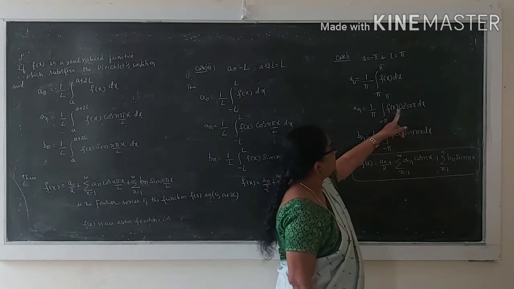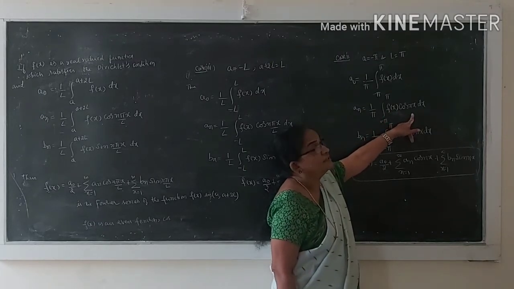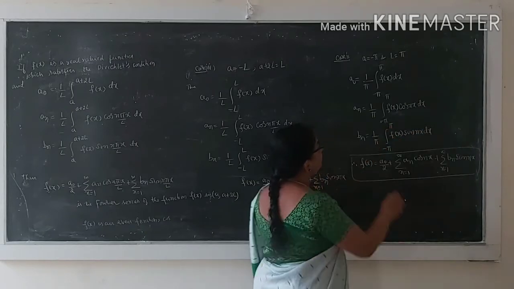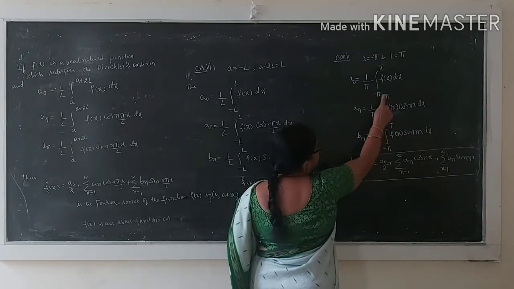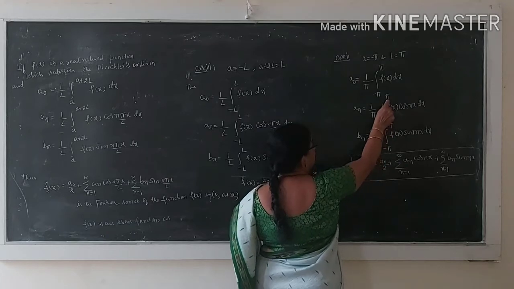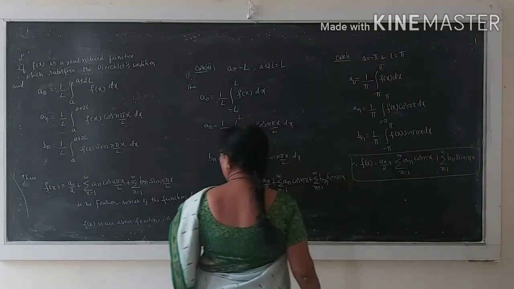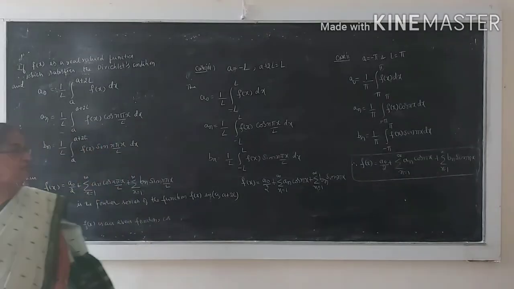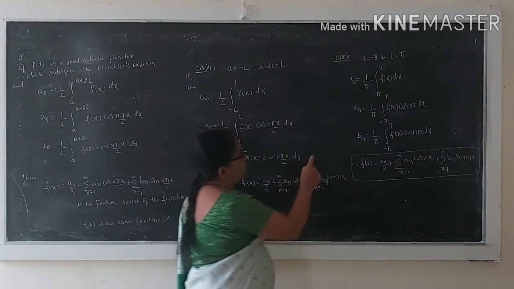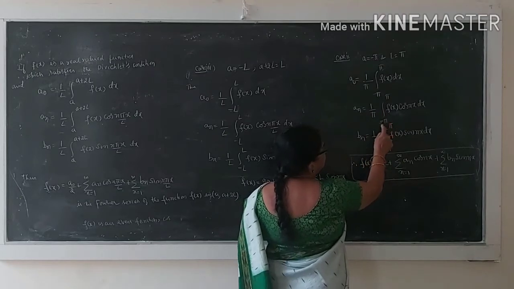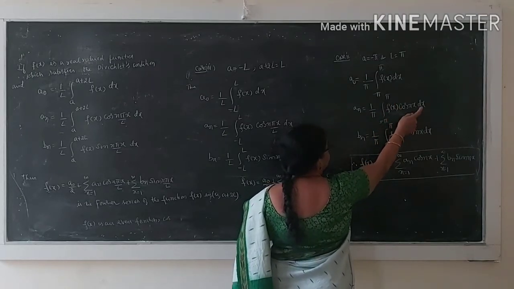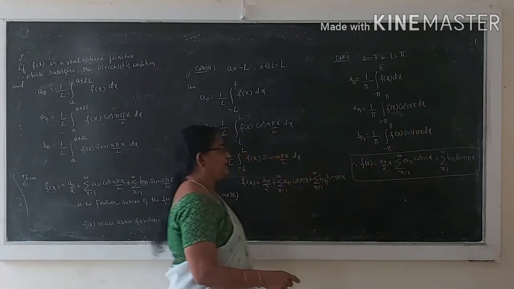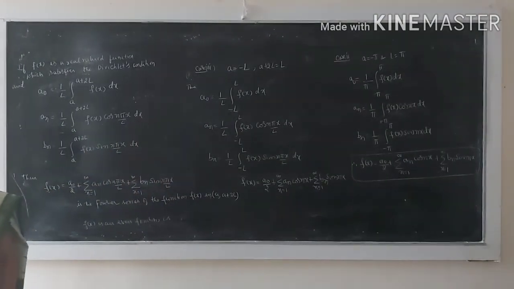Then f(x) into cos nx is an even function. For an even function, if the integral ranges from -pi to pi, then that integral can be written as 2 times the integral from 0 to pi of f(x) cos nx dx.